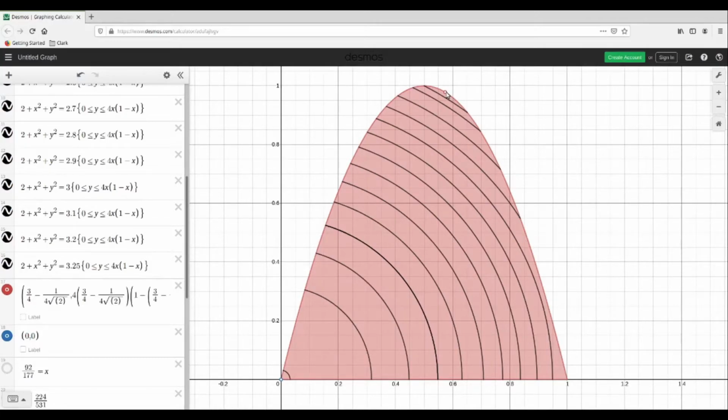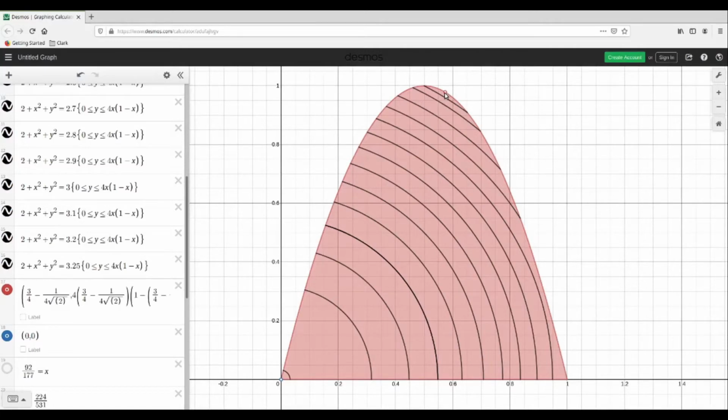So the idea is that we want to figure out first what the total mass of this region is for this distributed mass. What we're seeing here is that the mass density is around 2, if you're using units of kilogram per meter squared, say, around the origin, and as you move further out into the object, the mass density is getting larger and larger until up here it's a value around 3.25 or a little bit larger than that.